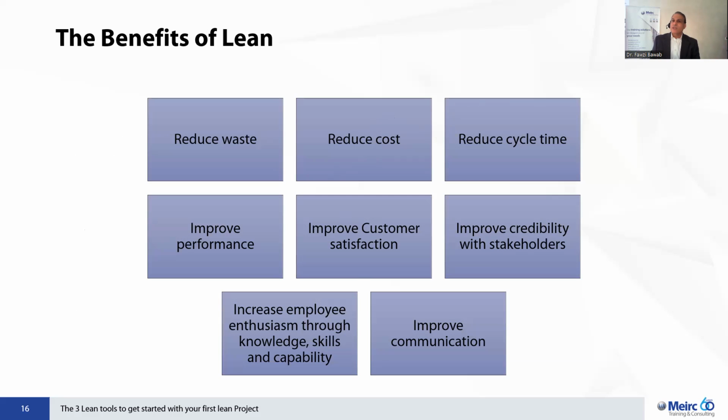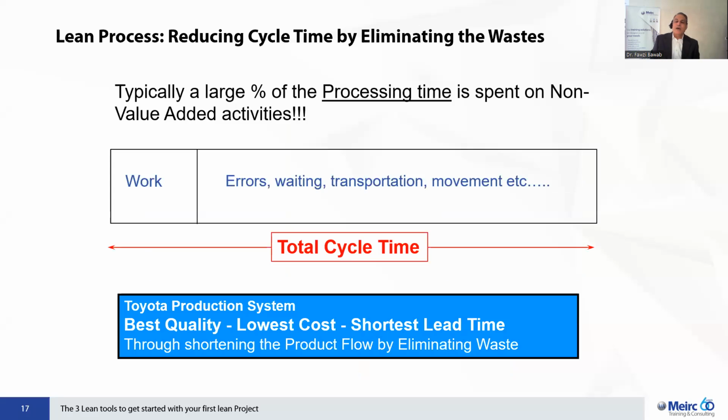And it's not treated as another program or another project that we just want to take. It is something that becomes embedded in the culture of the organization, and everyone becomes trained on the tools and the thinking. And you can think here, it is basically, as some of you mentioned, about making things faster. It's about reducing waste. So any work that we do is basically described by the total cycle time.